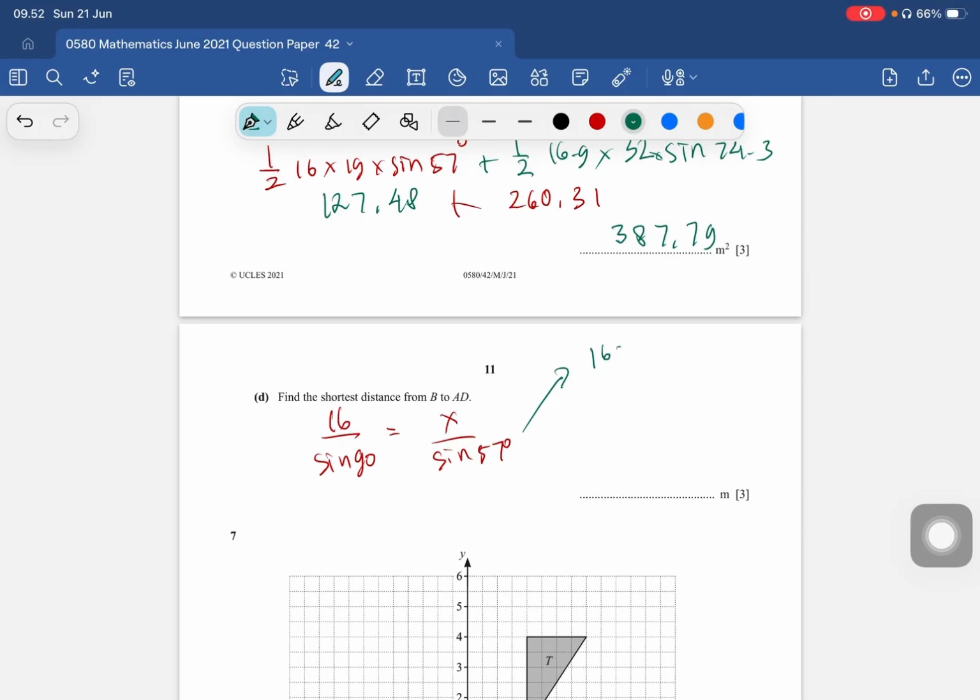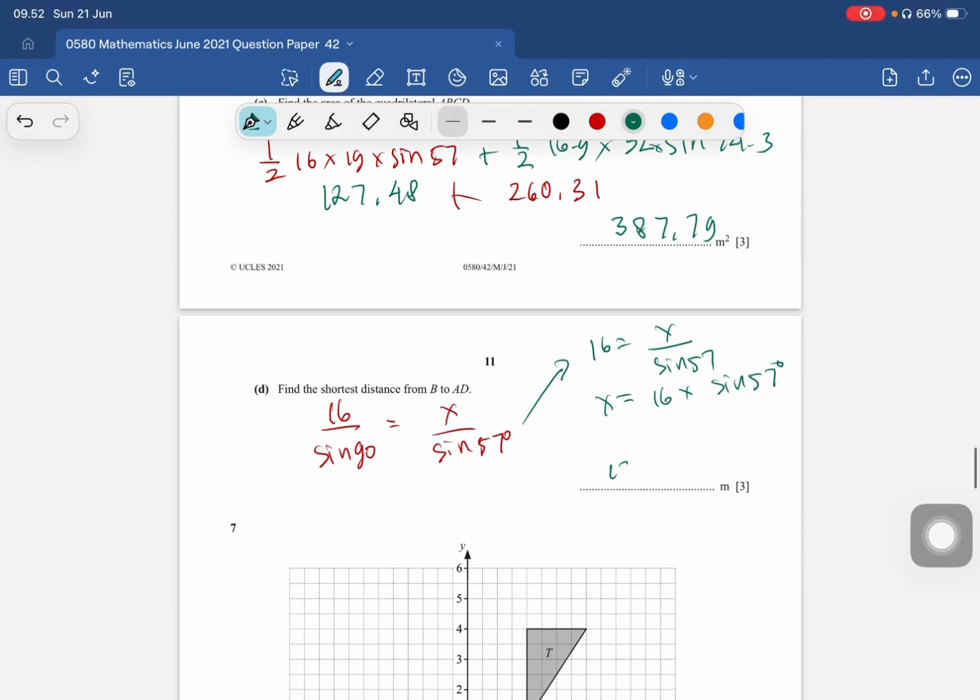So we get 16 equal to X over sin of 57. So X equals 16 multiplied by sin of 57 degree. This is equal to 13.42 meter. There it is.